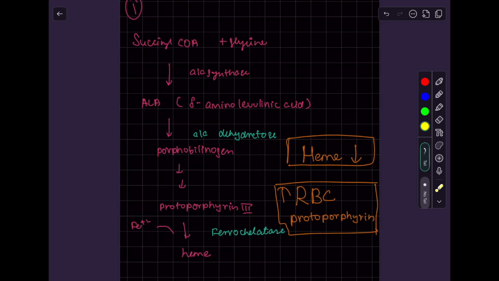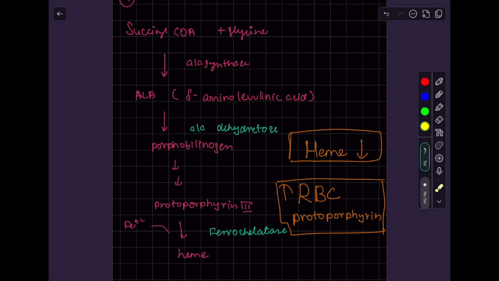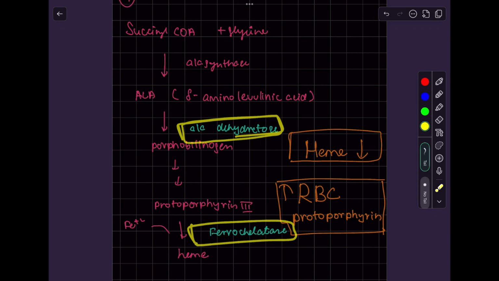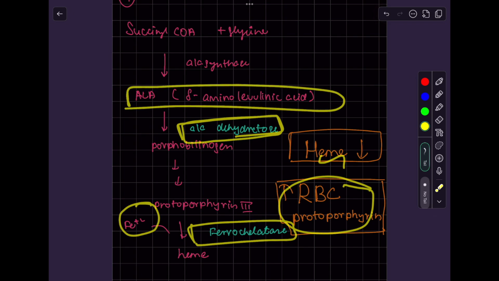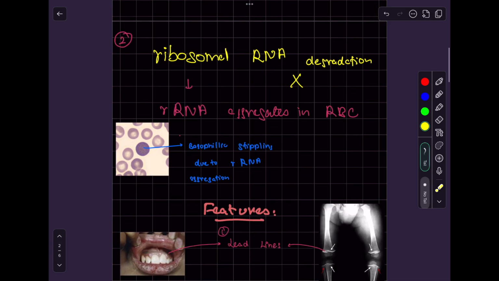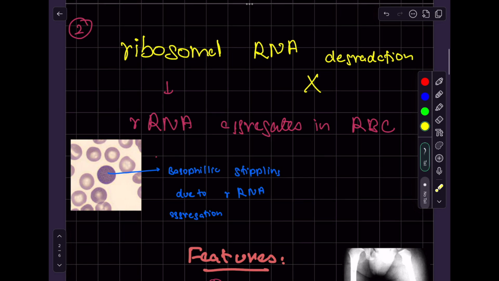So the takeaway from this page is that lead toxicity affects the enzymes ALA dehydratase and ferrochelatase, leading to a decrease in heme, increase in RBC protoporphyrin, increase in iron, and increase in ALA. Secondly, it affects the degradation of ribosomal RNA.